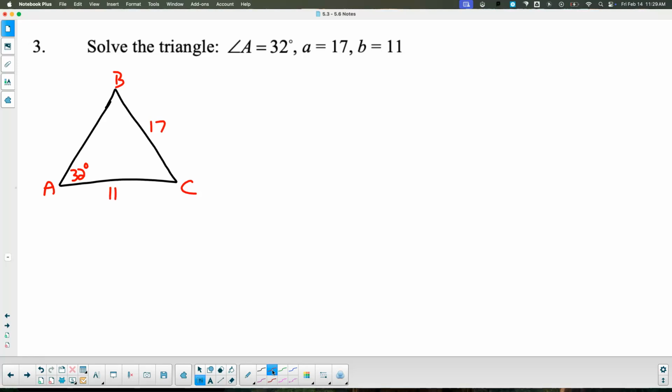Side B is 11. Agree with that? Okay. So now I can use the law of sines, provided that I have a complete fraction, meaning I've got an angle and its opposite side, which in this case, I do.